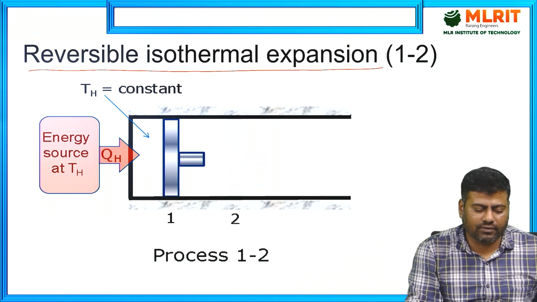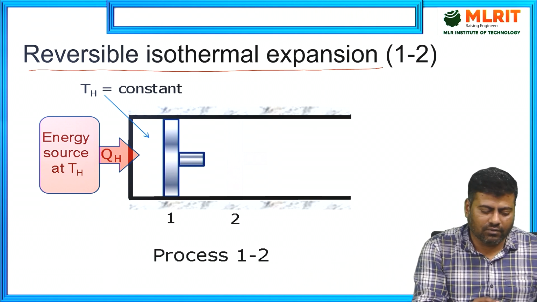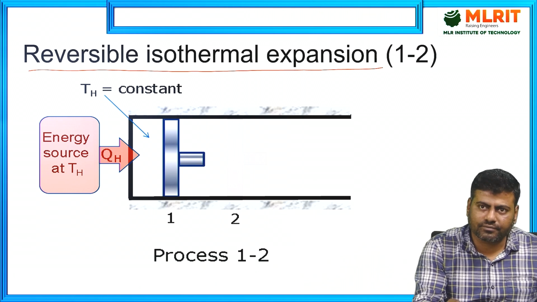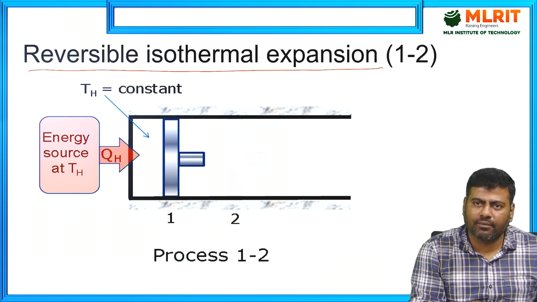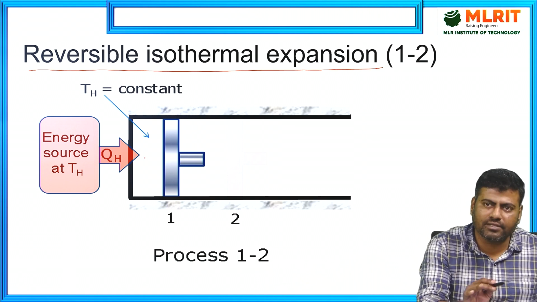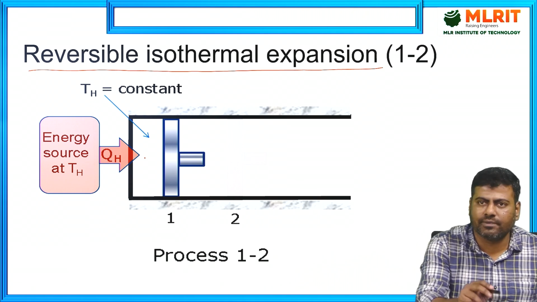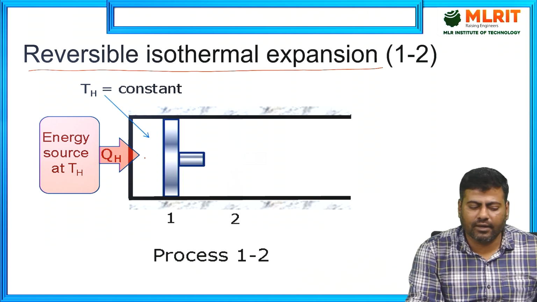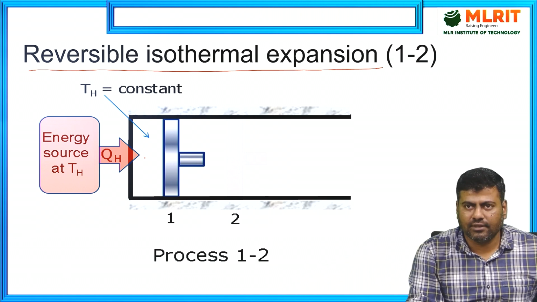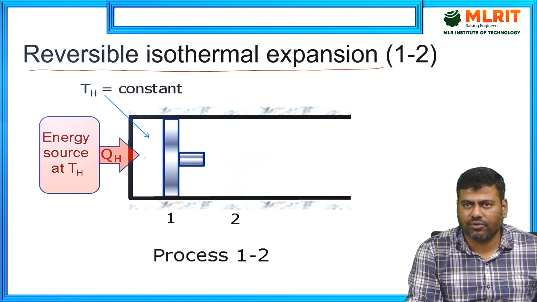I have the piston cylinder arrangement. Expansion is nothing but the volume increasing and the pressure decreasing. But for the maximum case, we assume the temperature remains constant throughout the process. That is the isothermal expansion, right? So if this reversible isothermal expansion process is carried out, then we can say this is the ideal expansion process.